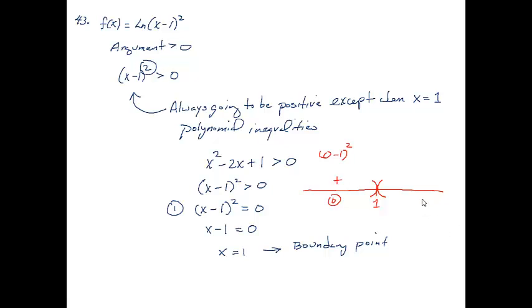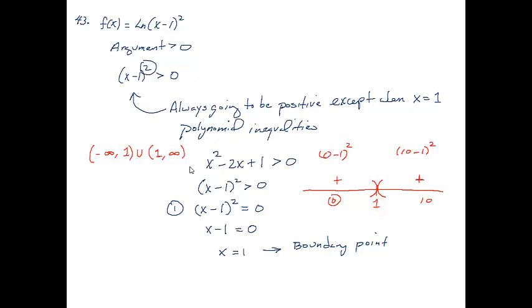Then you pick the value from over here, like 10, and you plugged it in. 10 minus 1, whole thing squared, well, that's positive as well. So basically, the answer to this is everything except the 1. So the domain of this natural log is negative infinity to 1, union 1 to infinity.